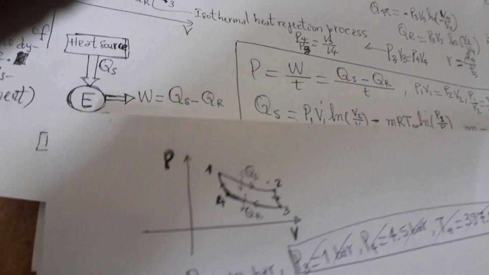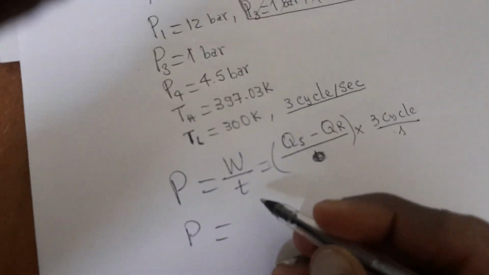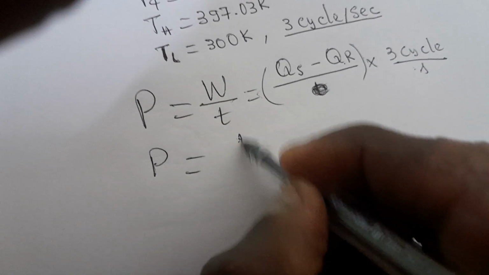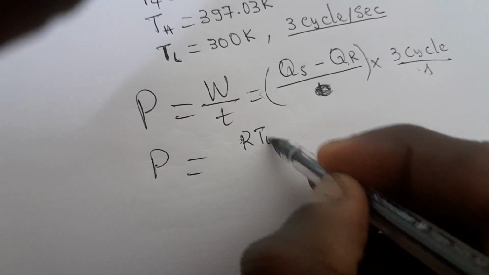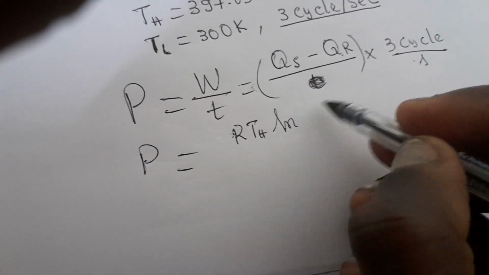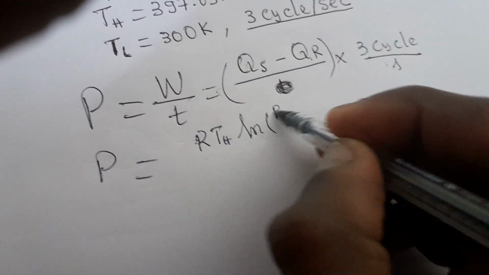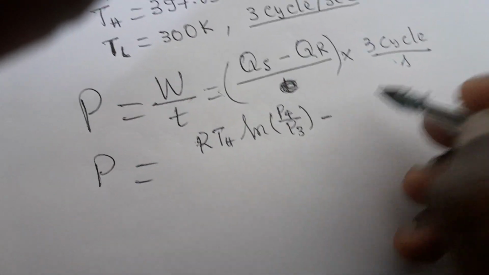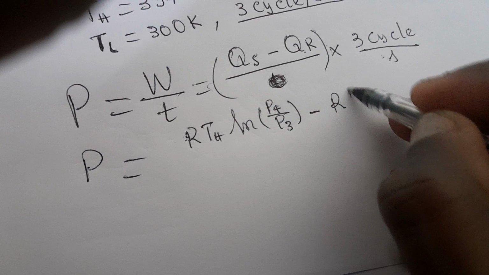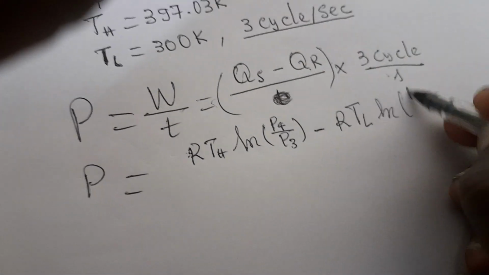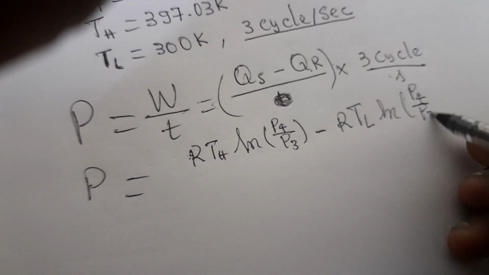So substituting, it will be R T_H ln of P4 upon P3 minus R T_low ln of P4 upon P3.